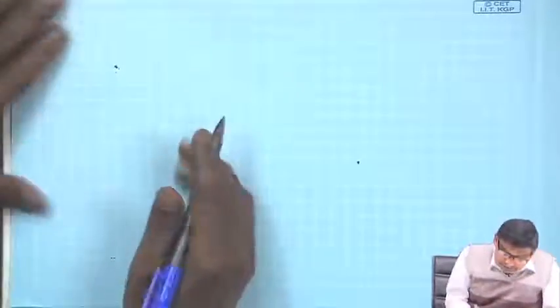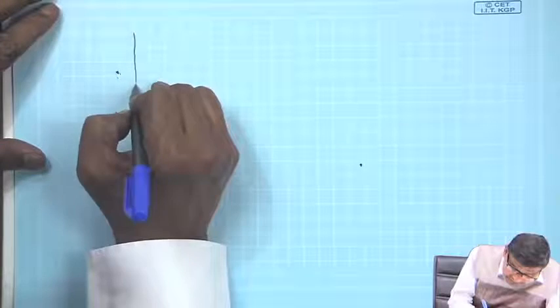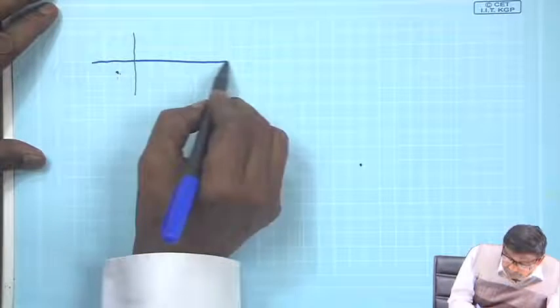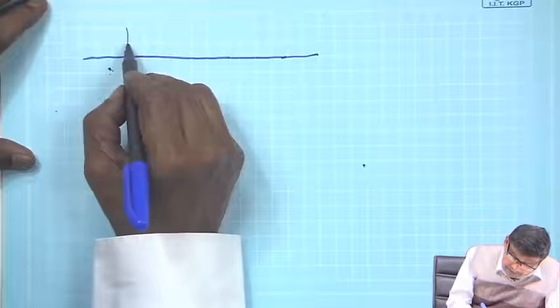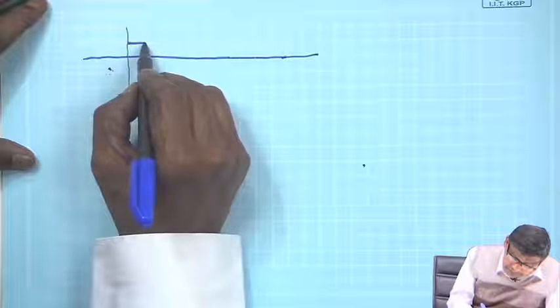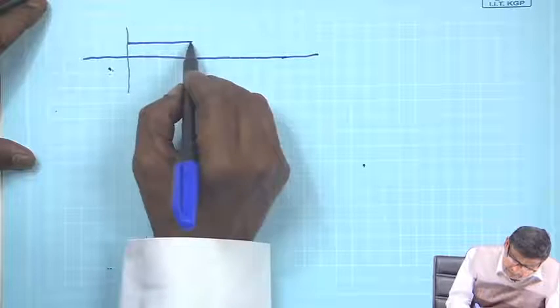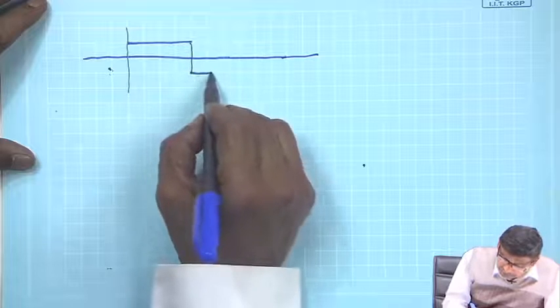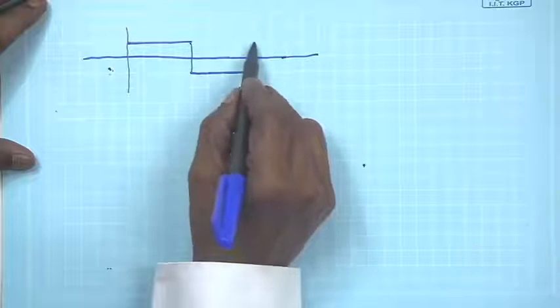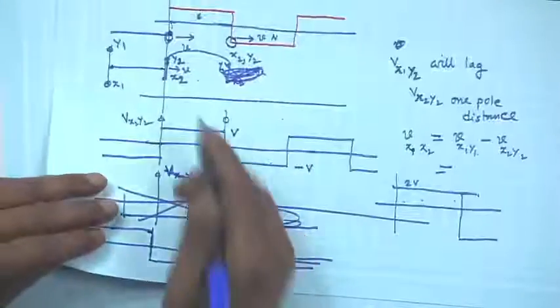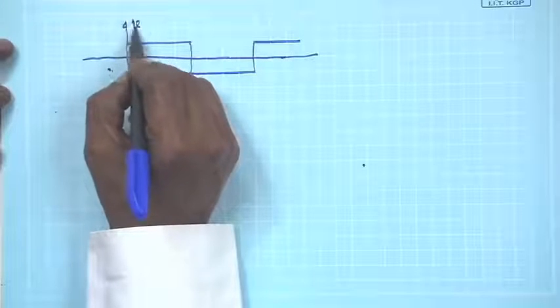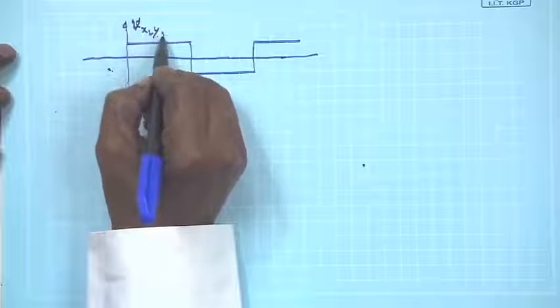Maybe I have made it slightly clumsy. Let me draw it nicely here. Suppose this is time and this is 1, 2, 3, 4. Suppose you have drawn for one of the conductors, x 2 y 2, this is the V x 2 y 2.